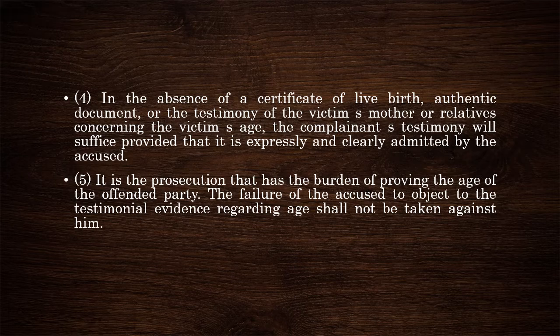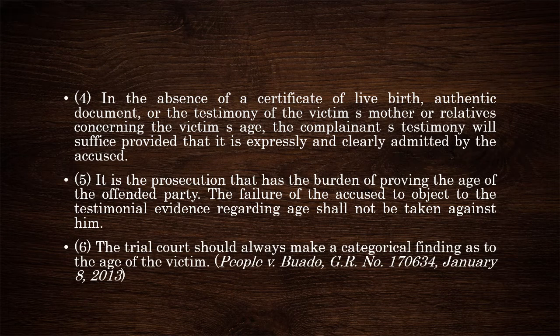Number five, it is the prosecution that has the burden of proving the age of the offended party, such that the failure of the accused to object to the testimonial evidence regarding age shall not be taken against him. And of course, the trial court should always make a categorical finding as to the age of the victim.